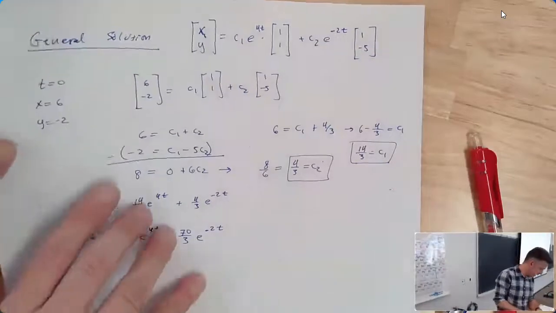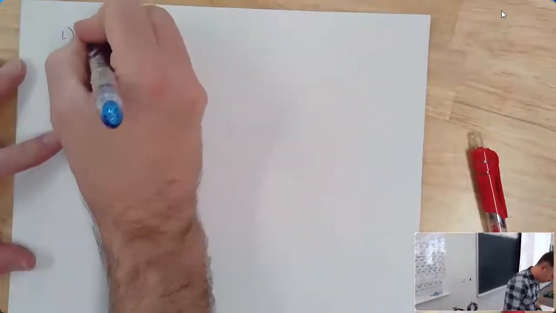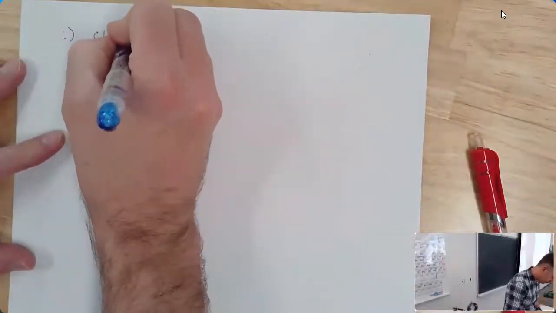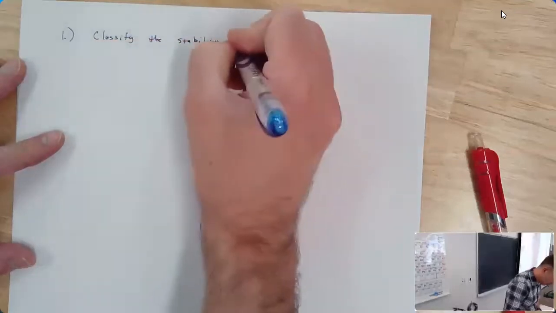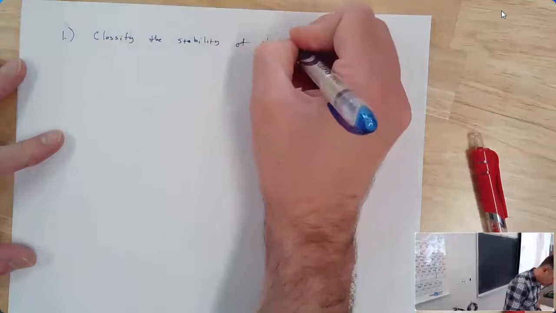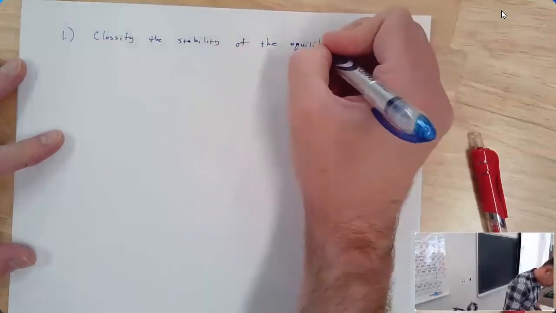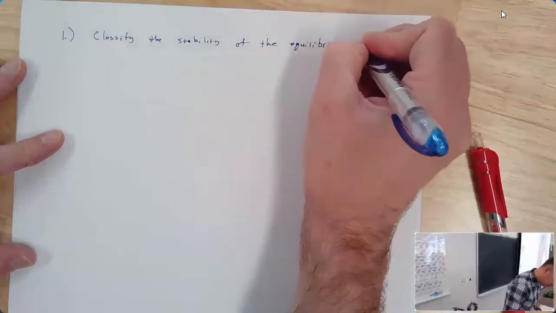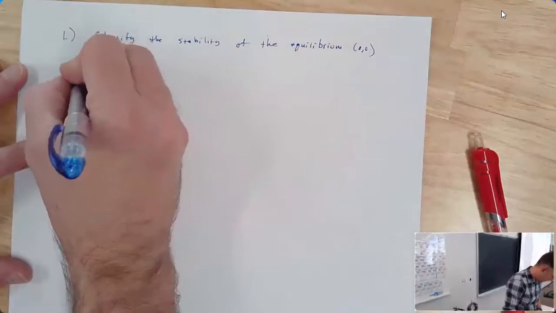So let's look at this example. I want to classify the stability of the equilibrium 0, 0 for the following matrix.